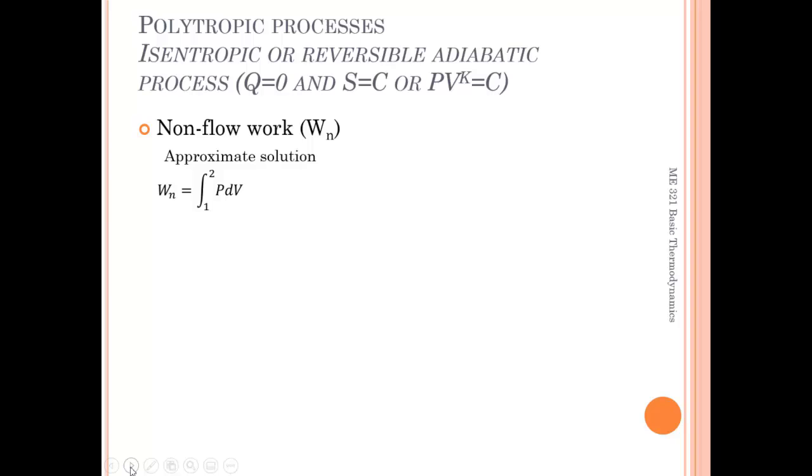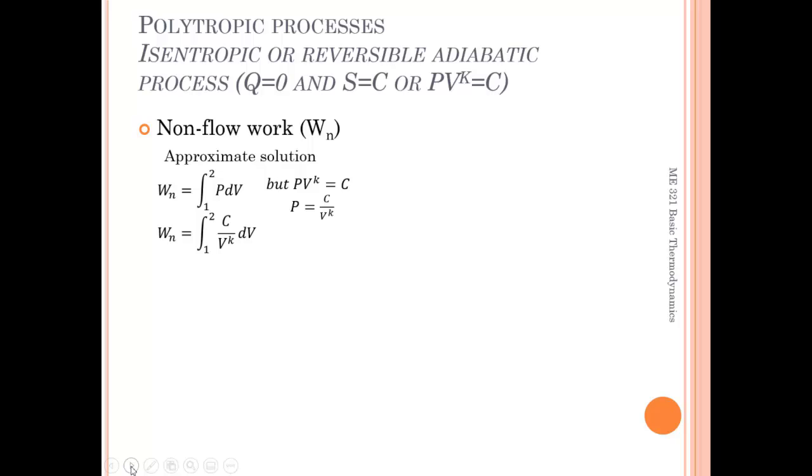To evaluate this integral, we must first express the pressure P in terms of volume. But we know that for isentropic processes, the product of the pressure and the kth power of the volume is just equal to an arbitrary constant. Therefore, we can use this equation to express P in terms of V. This will allow us to arrive at this form of the integral.